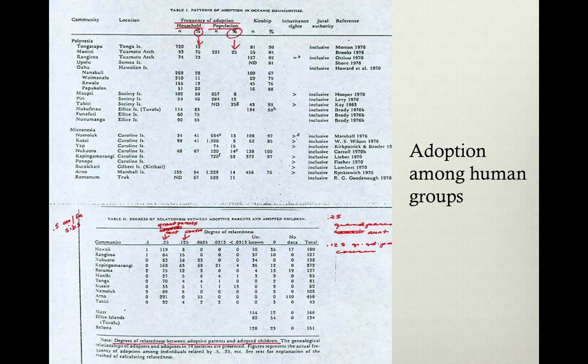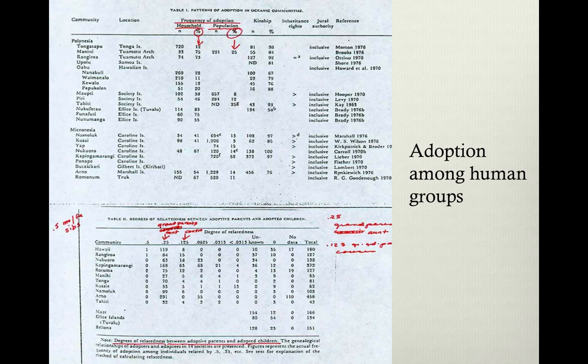So when we talk about the Hawaiian Islands, for example, when we talk about places like Tahiti, Tonga, etc., a really large degree of adoption. But almost all of that adoption takes place at the 0.25 level of relatedness. And so adoption may be common, but it's not common among unrelated individuals.